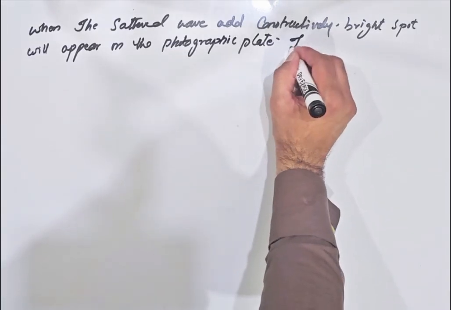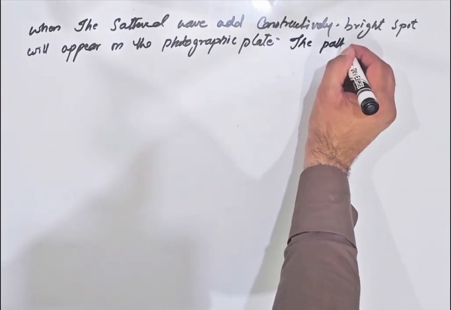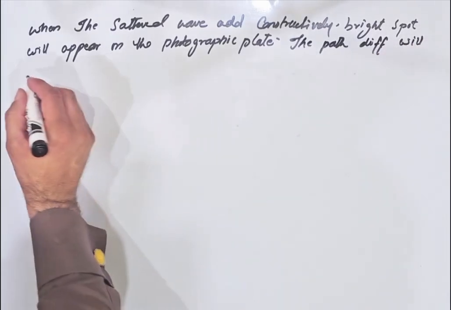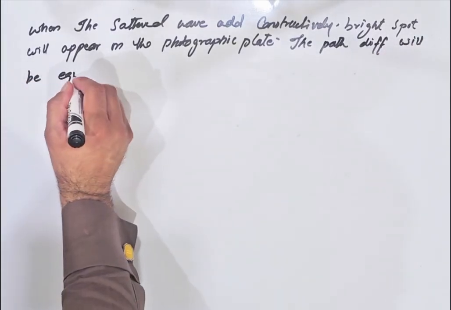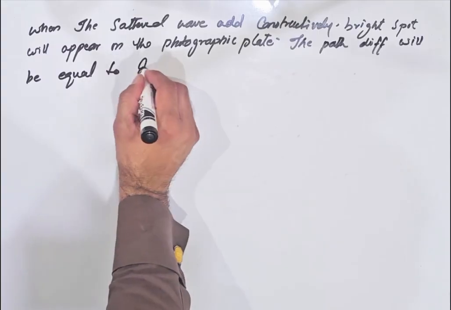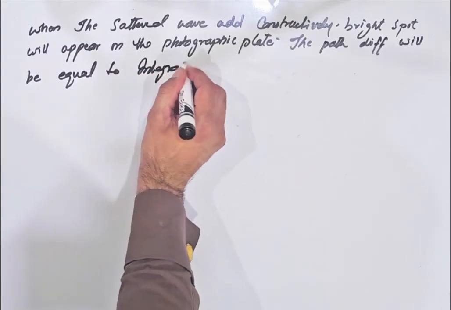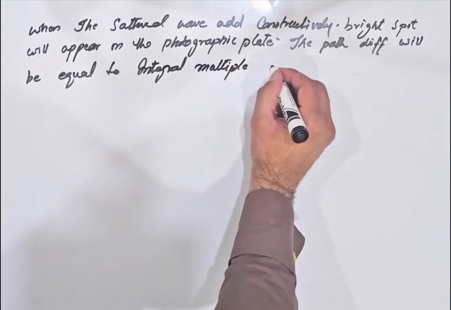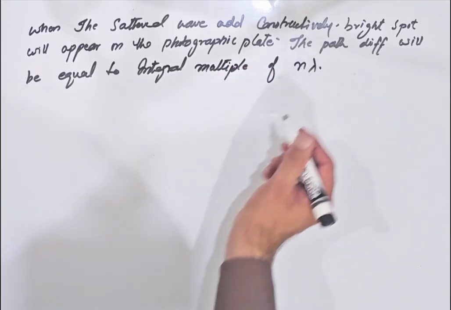At this stage, the path difference will be equal to an integral multiple of n lambda.